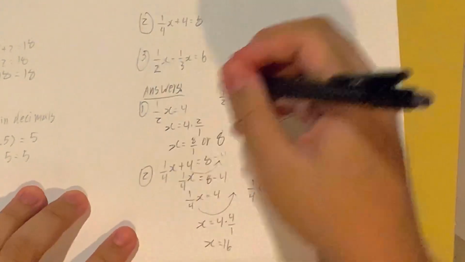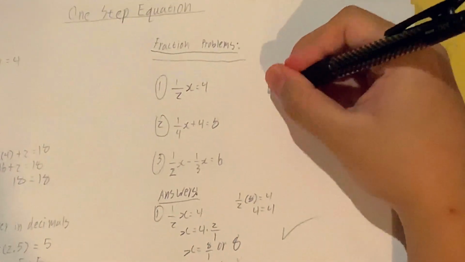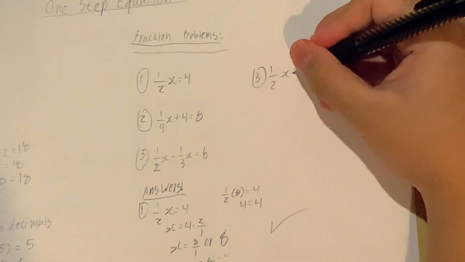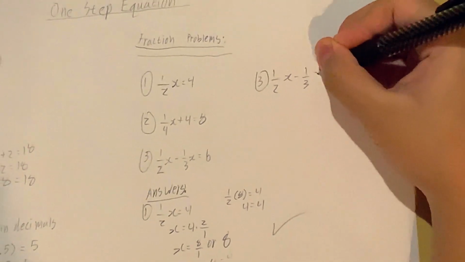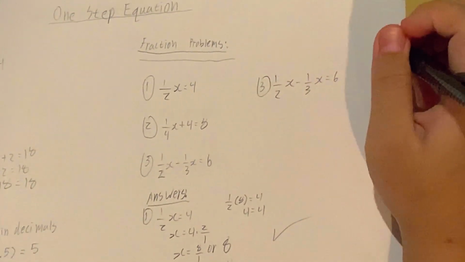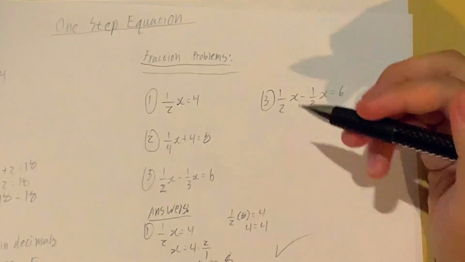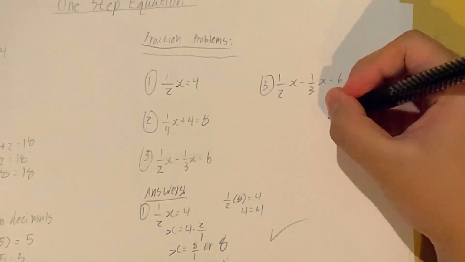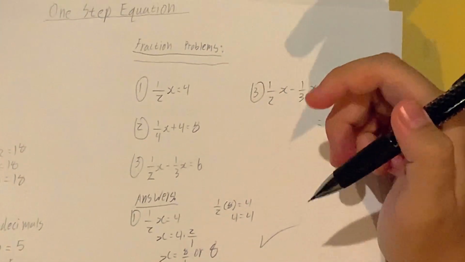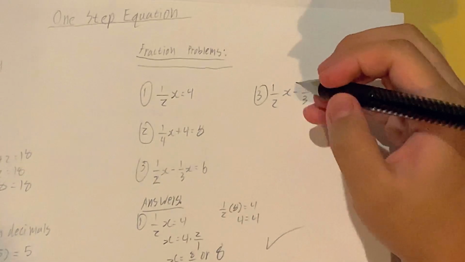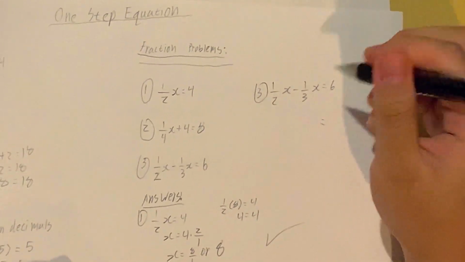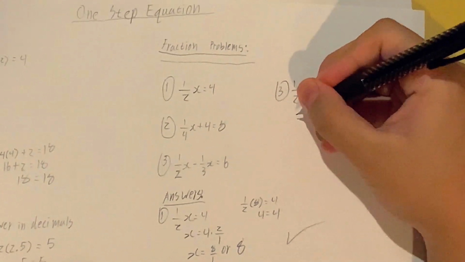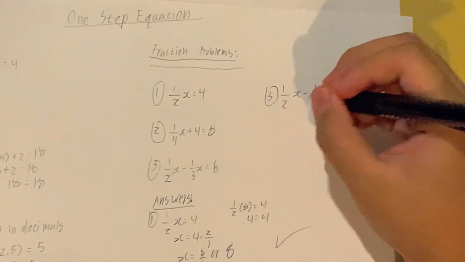Okay, number 3, since there's no space here, I'm going to write it here instead. It's 1/2 times x minus 1/3 times x equals 6. So if you want to do this, you have to subtract the fractions. If you want to combine the fractions, you need to have the same denominator, or the common denominator. So in here it's 6, right? Because they have common factors.